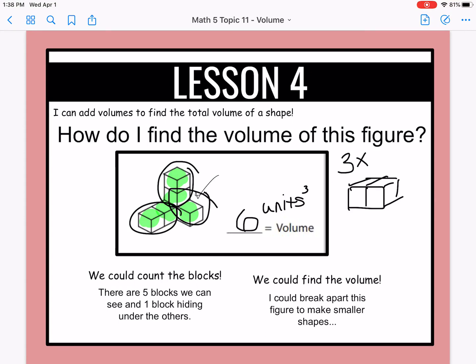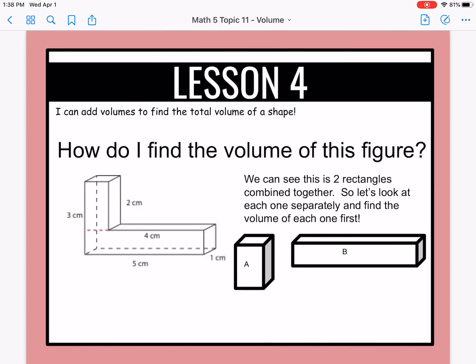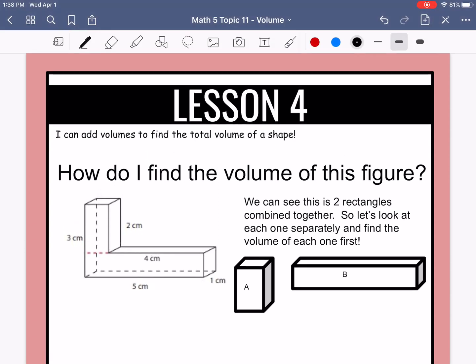So what we're looking at is we could break that into 3 different figures. I can add volume to find the total, so I don't have to know the volume of this whole shape. This shape here is not one that I have worked with before, is it? No, I mean it is.